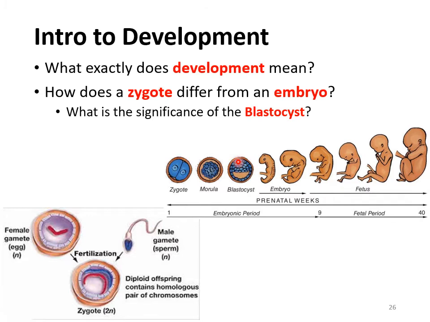What's important about the blastocyst is that this inner cell mass is what becomes the embryo. The outer lining of cells becomes the placenta and the other supporting tissues ultimately needed for fetal development in the uterus. We're going to look at the next slide to focus in on that structure, but please make sure you know the terms development, zygote, embryo, and blastocyst, and then we're going to look at the key points of the blastocyst.